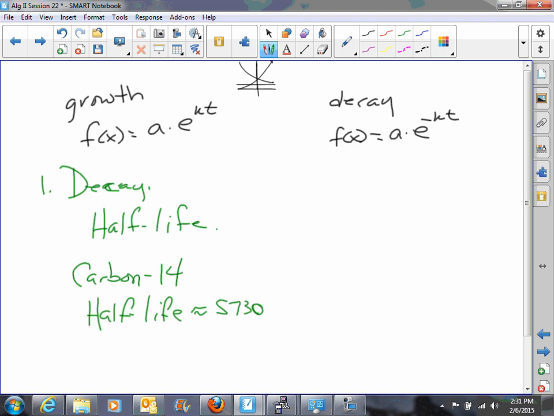And so scientists know what the amount of carbon-14 is in a live individual. As I breathe and eat and give off water and all that kind of stuff, I keep the amount of carbon-14 in my body at a relatively constant proportion, which is very similar to the amount in the environment around me.